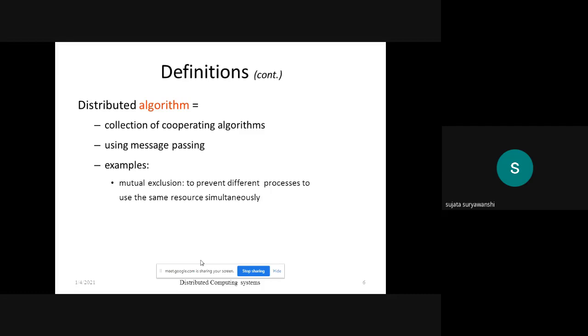In that case, mutual exclusion happens. To prevent such mutual exclusion, we can hire different processes, meaning different chefs, and all the chefs can perform simultaneously to prepare the orders. So this is the example of distributed mutual exclusion.